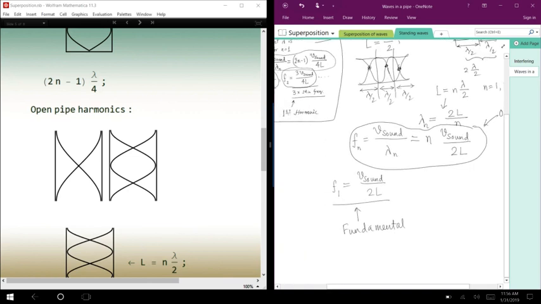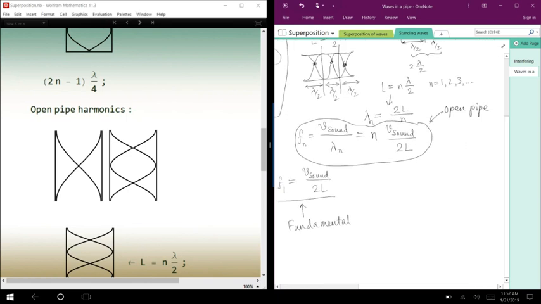So then you'll have to change what prefix goes over here. F0 might refer to the fundamental, and then F1 might refer to the first harmonic, etc. But in our case, we'll just refer to F2 as the first harmonic. So F2 is going to be equal to V sound over L. This is twice as large as the fundamental, so this is our first harmonic.